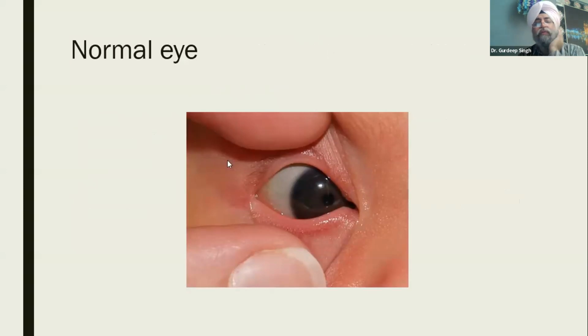This is how a normal eye looks in a newborn. You can see a very clear cornea with a central pupil, and the iris color pattern is looking fine. And you can see the sclera, quite normal looking. You can see the conjunctival vessels a little bit over that.